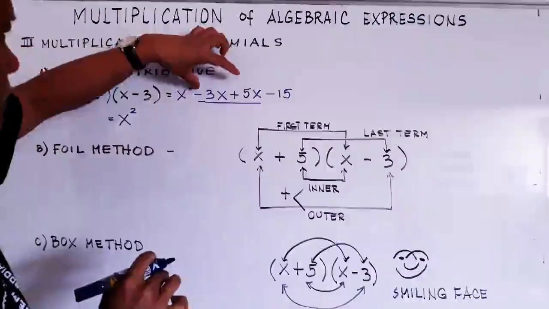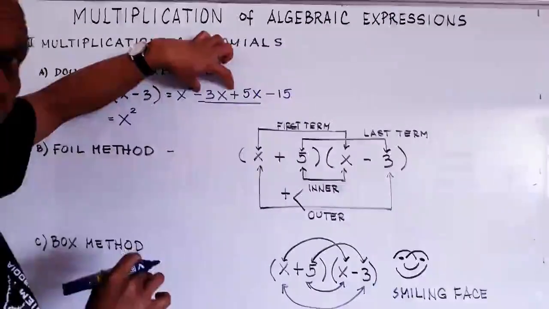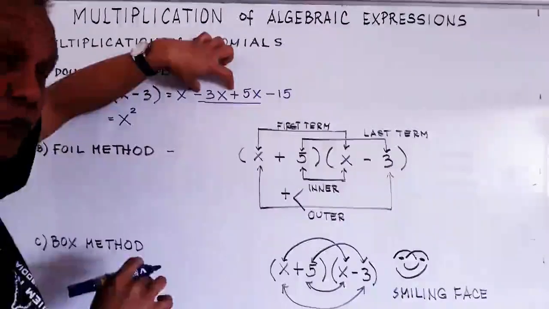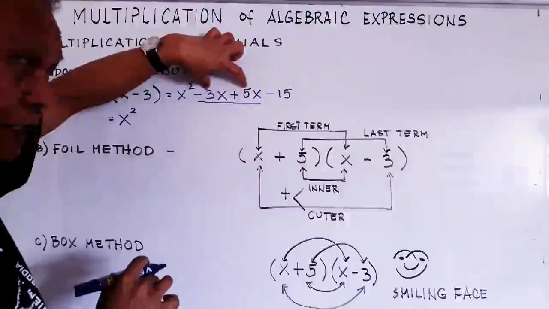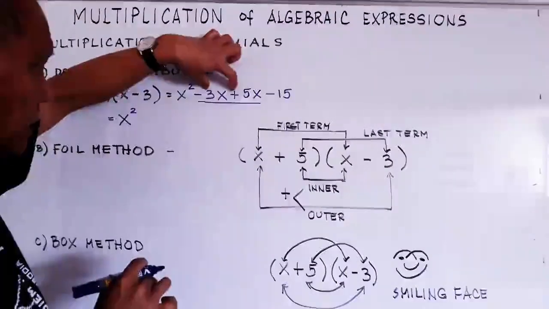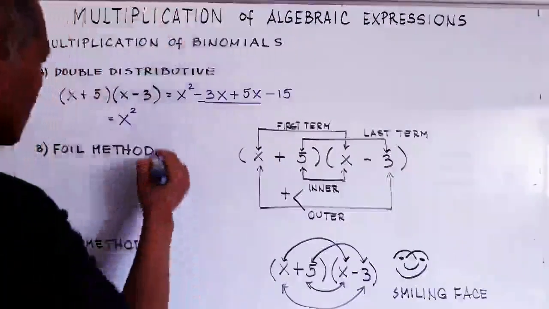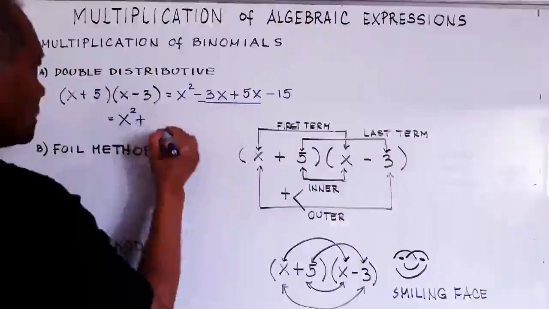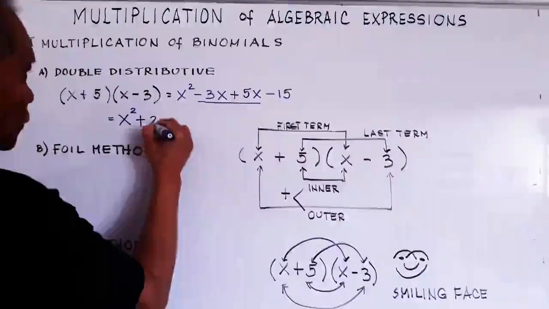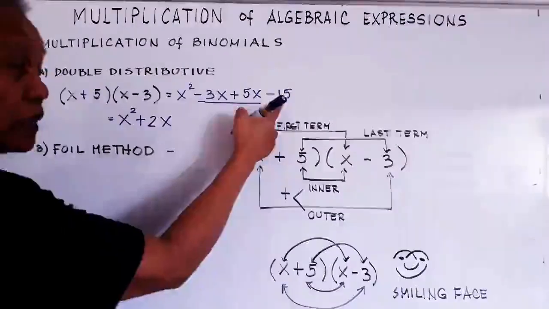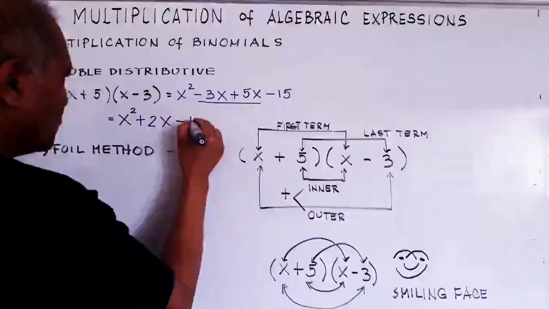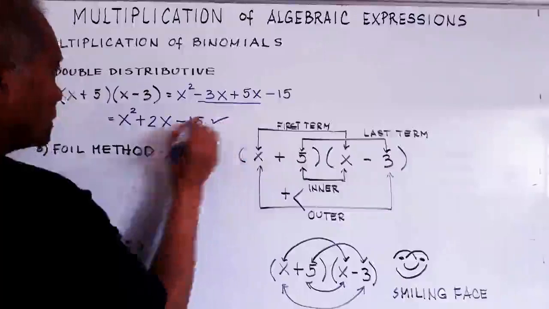Then the signed numbers. Unlike signs in addition, subtract. 5 minus 3 is 2. This is greater than positive 5, so our answer here, the sign is positive. 5 minus 3 is 2. Copy the x. What about minus 15? Copy that, and you have your answer here.